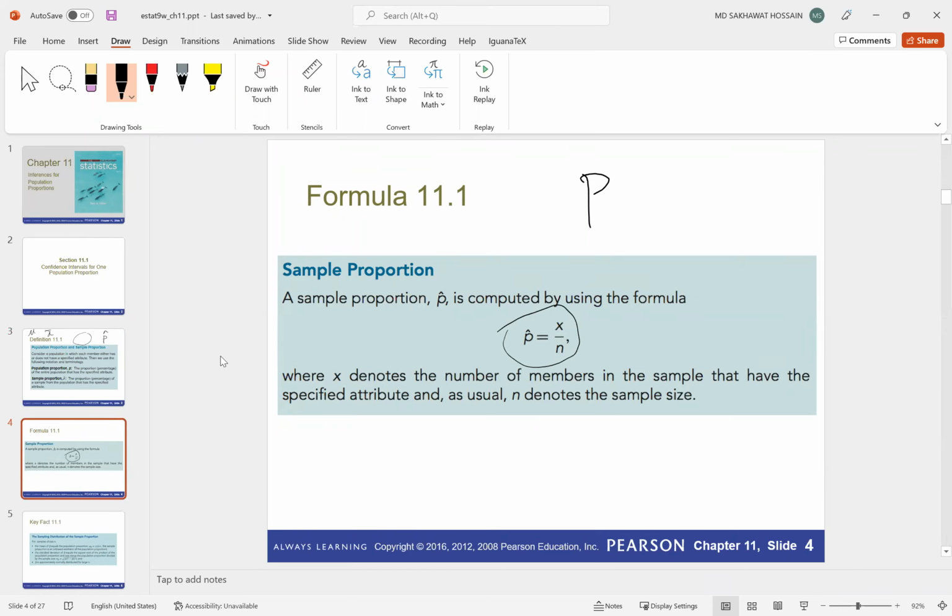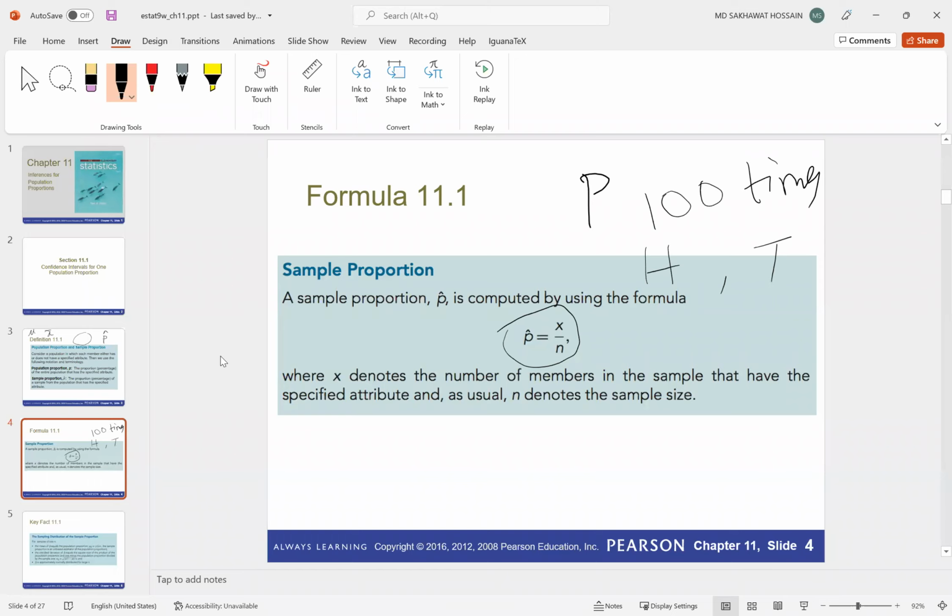Where X denotes the number of members in the sample that have the specified attribute. For example, if we toss a coin 100 times, then we'll get head and tail, right? Each time we'll get either head or tail.